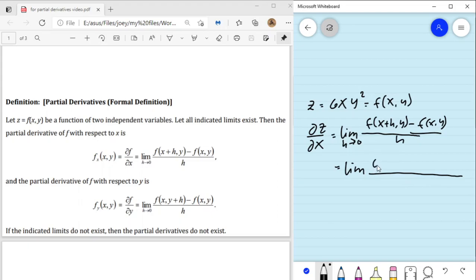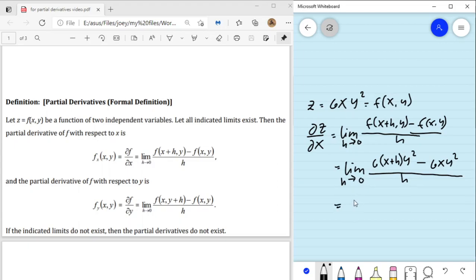so we have 6 times the quantity x plus h. We replace x by x plus h. Then we have y squared. So this is our f of x plus h, y minus f of xy, which would just be 6x y squared, all over h as h approaches 0.